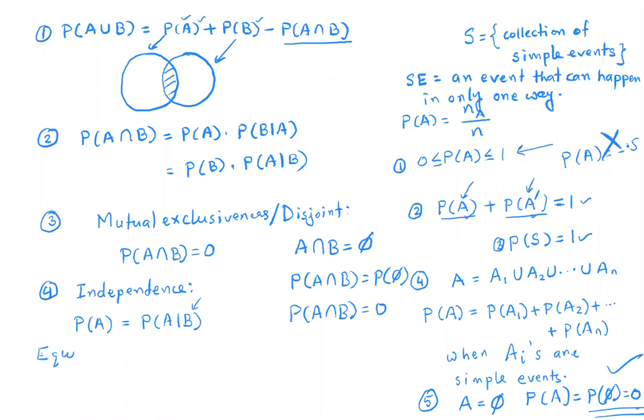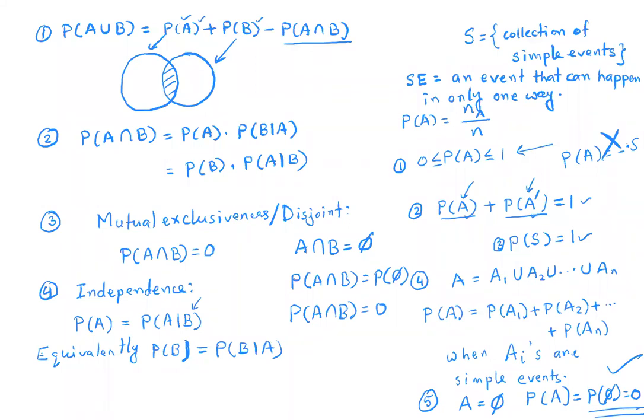Equivalently, the probability of B is the same as the probability of B given that A has happened. So that's what it is.